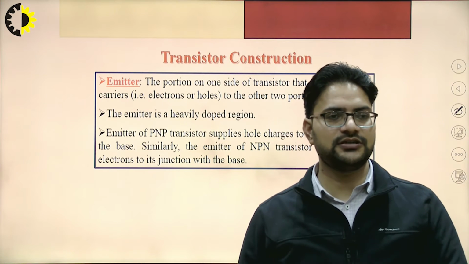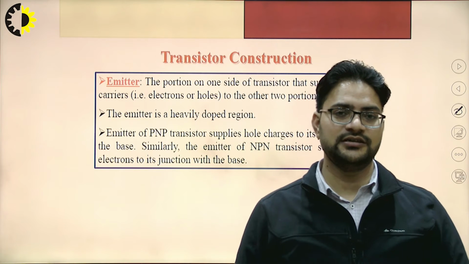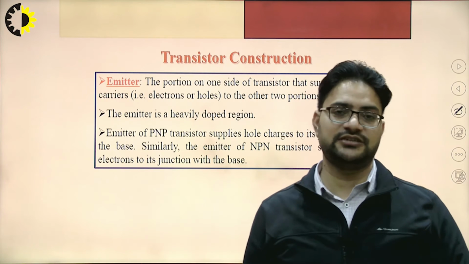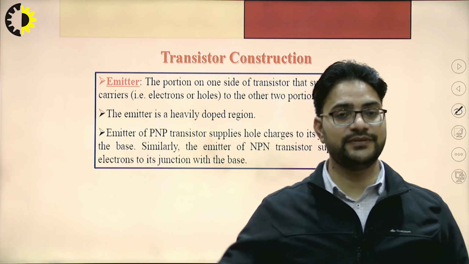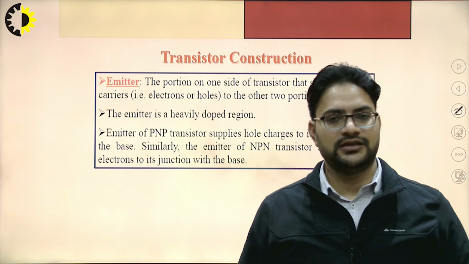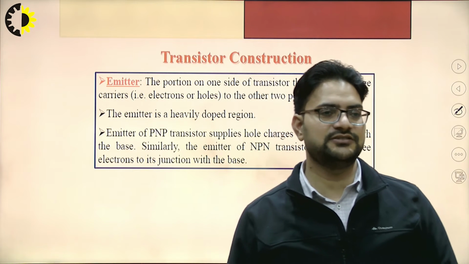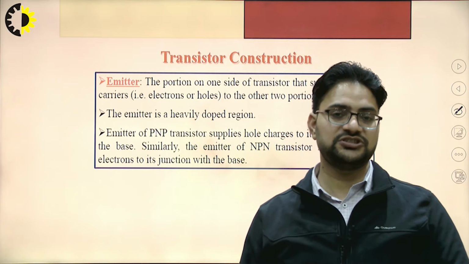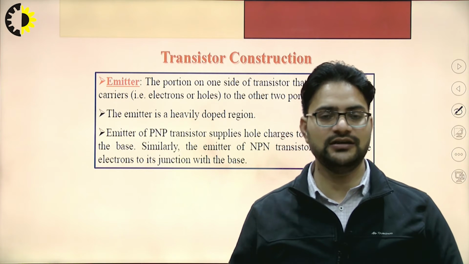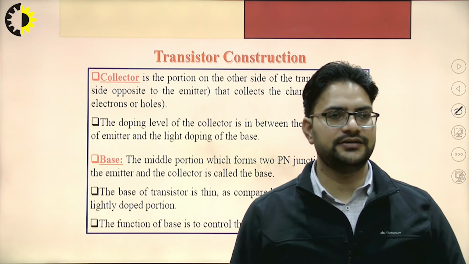If I talk about the NPN transistor, the emitter will supply electrons to the base and collector, and in the PNP transistor, it will supply holes, because the majority charge carriers are holes, to the other two sides, right?